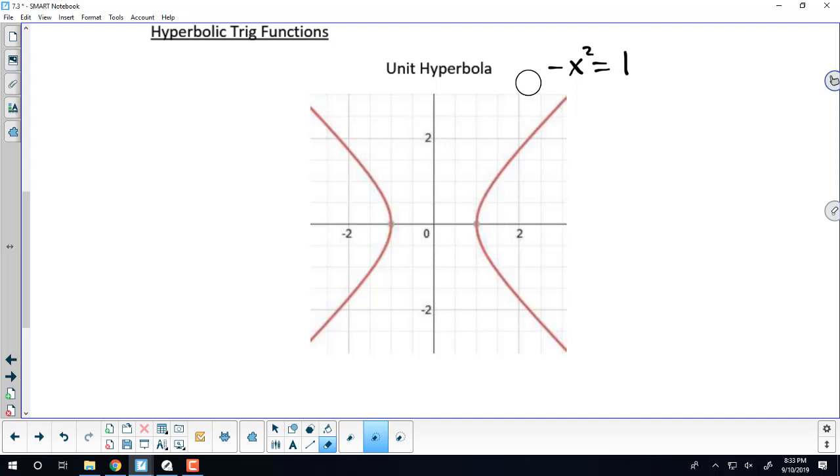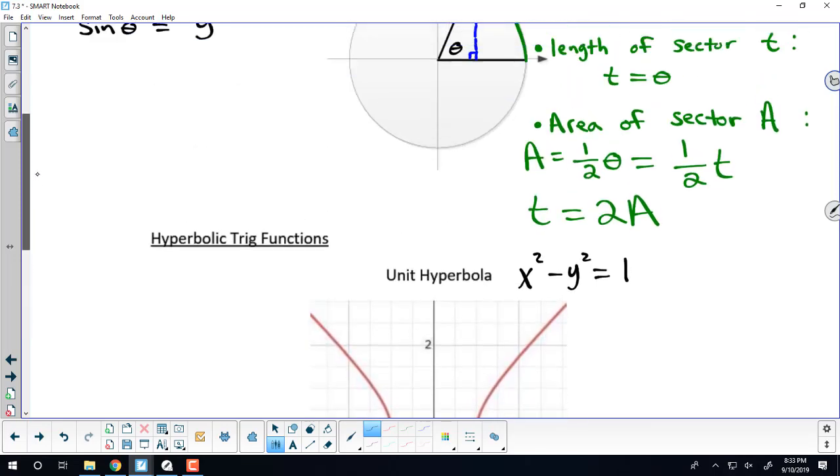So we'll just switch these two. x squared minus y squared equals 1. That's that equation. And note, if we go back up to the equation for the unit circle, that's where the Pythagorean identity comes from, which gave us the other two Pythagorean identities, right?